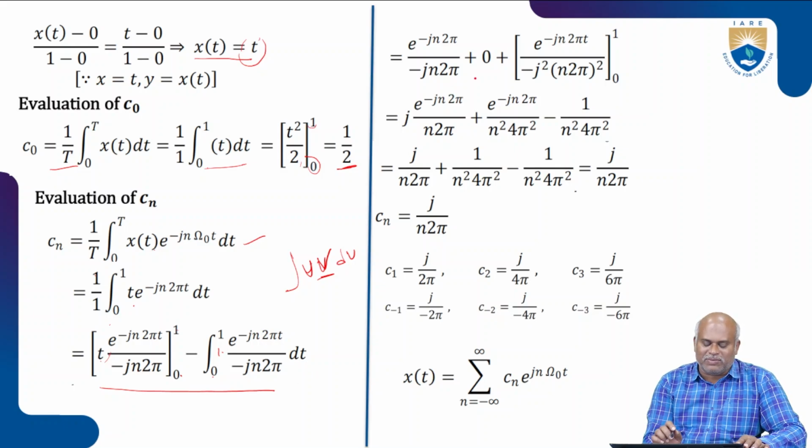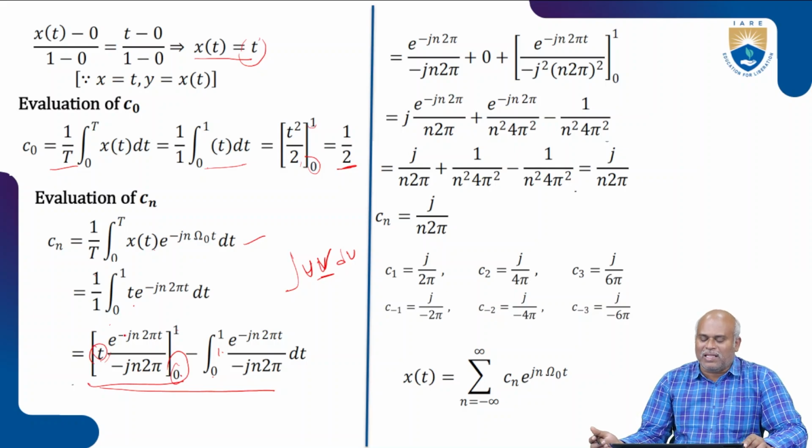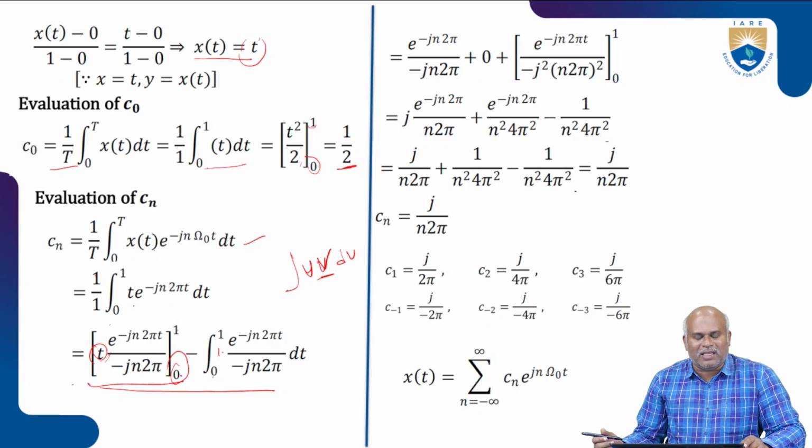Then we need to substitute the interval of 0 to 1 for this portion. So we got e power minus j n 2 pi divided by minus j n 2 pi, plus the 0 portion, which is 0 because t is equal to 0, so the t value is 0. Then the next portion also is 0.